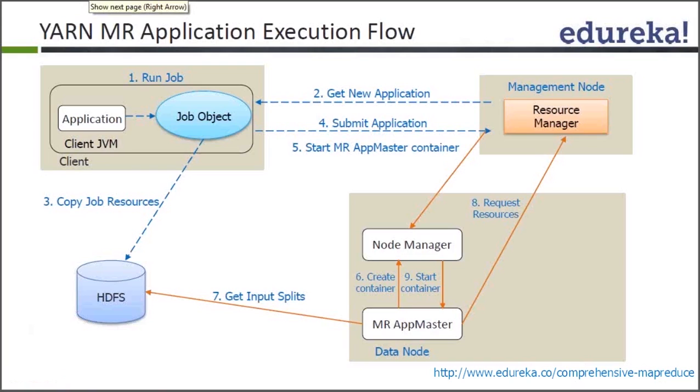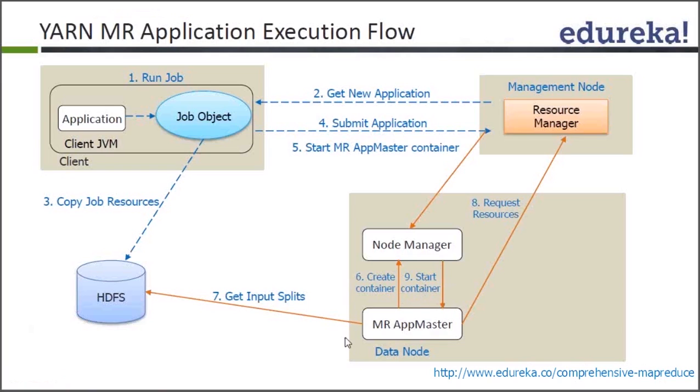Okay, so once that is done, step number 6, the arrow should have been the other way around. I think the create container arrow is the node manager being told to create the container.